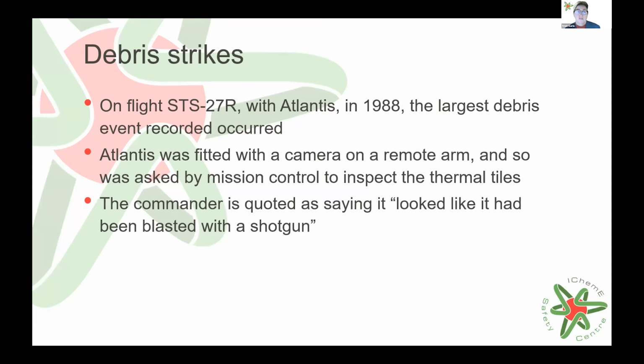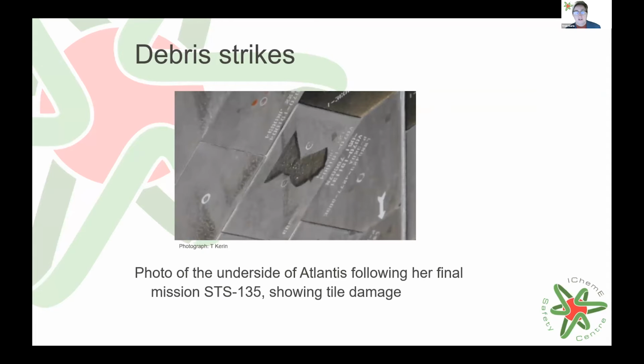What that did was reinforce to people that they could land with foam strikes. It was not a problem anymore. This reinforced the normalization of deviance. And this is actually a photo of Atlantis after its last flight. And you can see here that the tiles are damaged from the flight as well. And that continued to happen on every flight that took place.